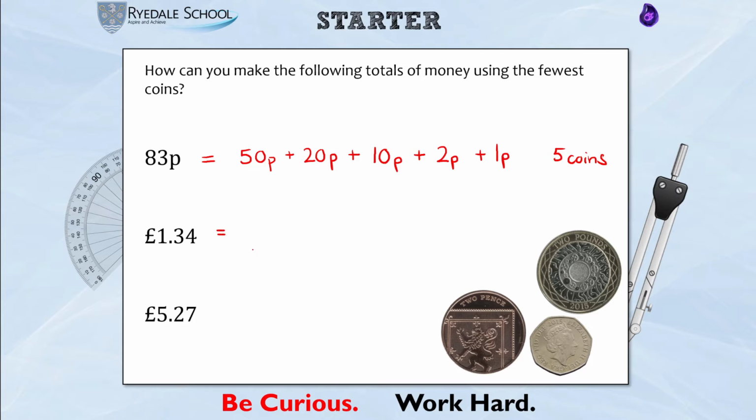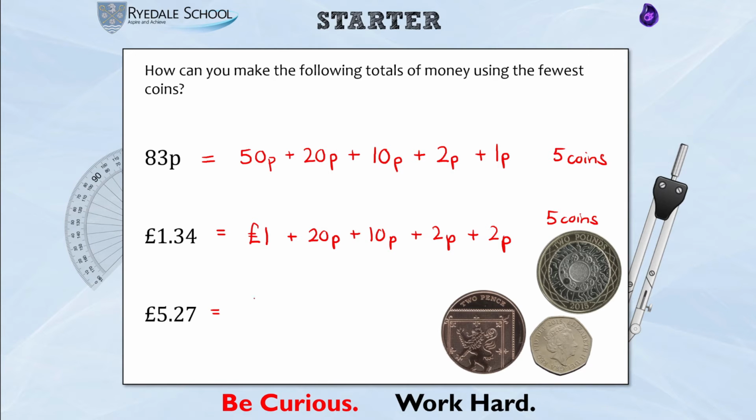Similarly, for £1.34, I'd start with a pound, and to make the 34p, I would use a 20p, a 10p, and then two 2p coins. So again, the answer to that one is 5 coins.